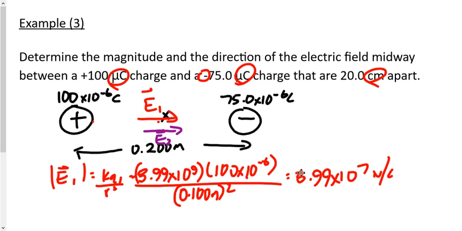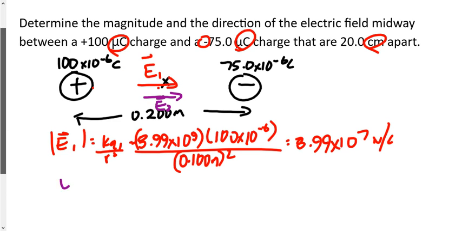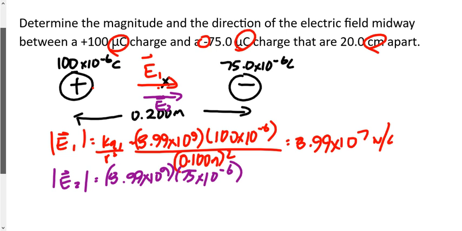And then we find the other one. Charge of the negative is 75 times 10 to the minus 6, divided by the same distance.